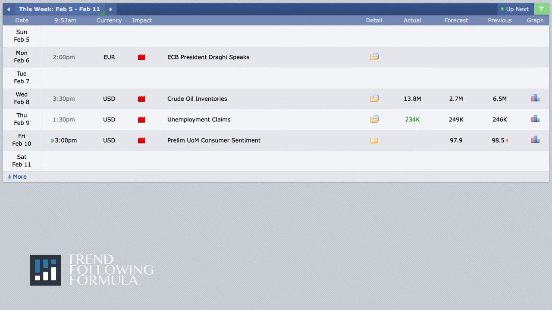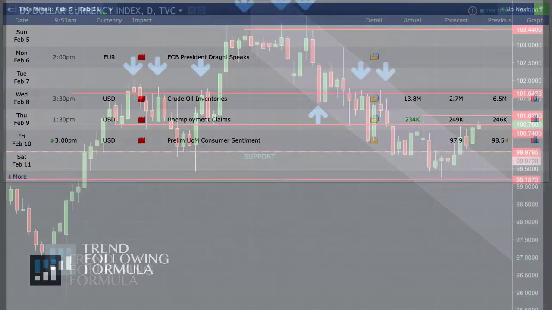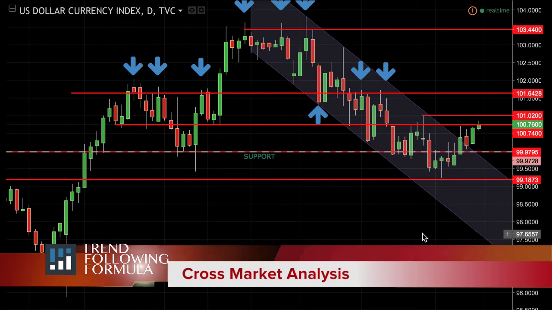That number is not really very pivotal. You wouldn't see a huge reaction in the market on that number. Unfortunately, the calendar doesn't give so many clues, so I think we need to rely solely on the chart.